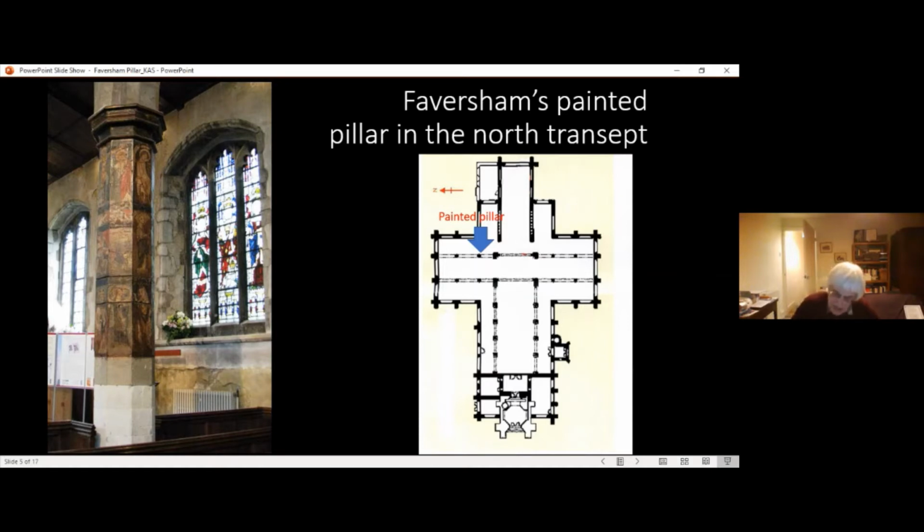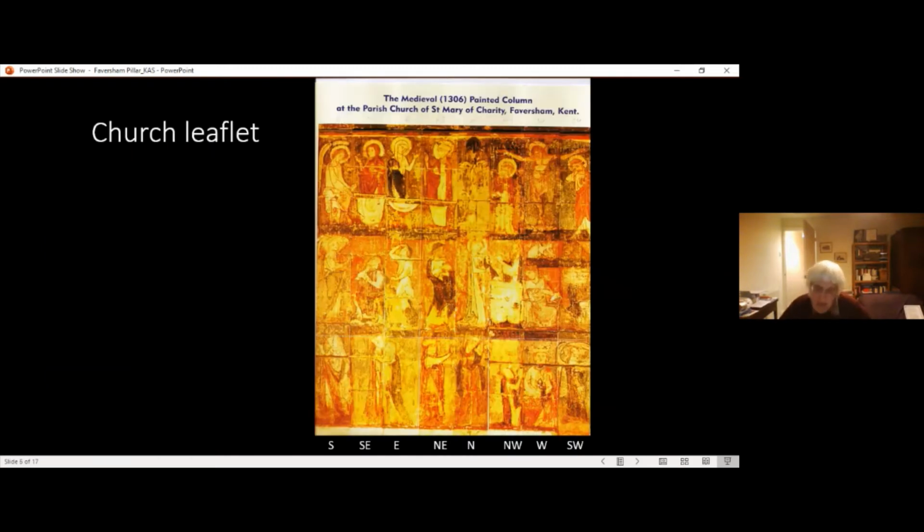So the next thing is to think about what's on the pillar. Well, we have our 8 faces, and on the top tier we have 2 major scenes of Christ's Passion and a 3rd scene.